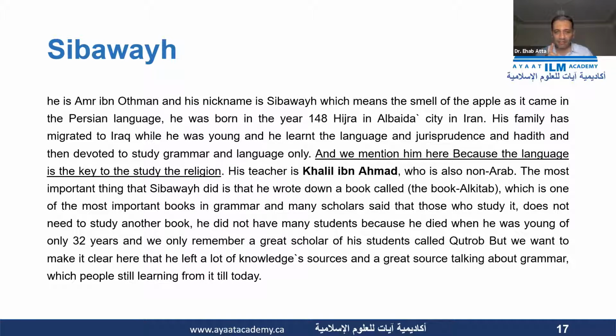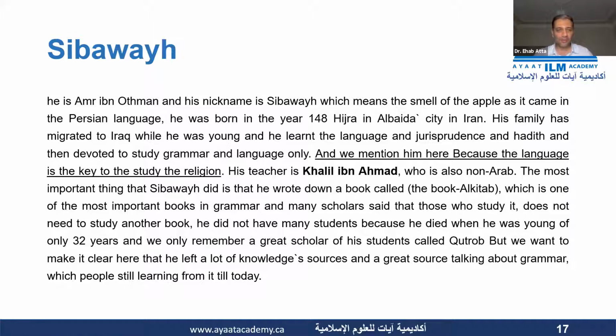He did not have many students because he died when he was young, at only 32 years old. And we only remember a great scholar among his students called Qutrub, but we want to make it clear here that he left a lot of knowledge and a great source talking about grammar, which people are still learning from until today.